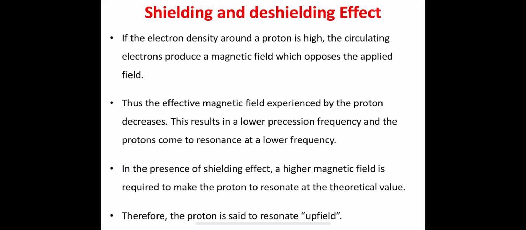So this is called the shielding effect, or the diamagnetic effect. Since the shielding effect requires a higher magnetic field to make a proton resonate, it is also called upfield.